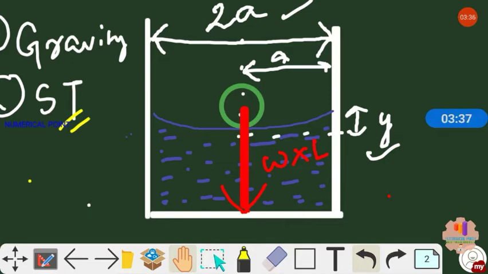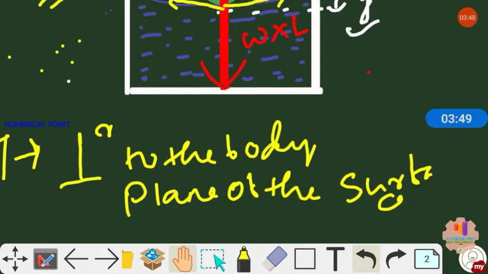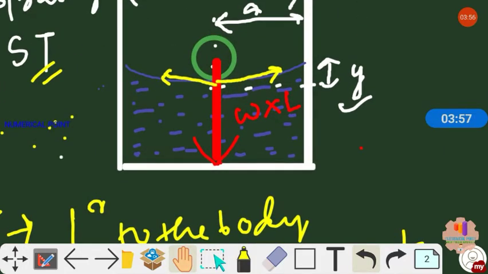So let's show the surface tension force. Note that the surface tension force is acting in the plane of the surface, and the plane of the surface is not horizontal, so the surface tension force will also not be horizontal. It will act at a certain angle.